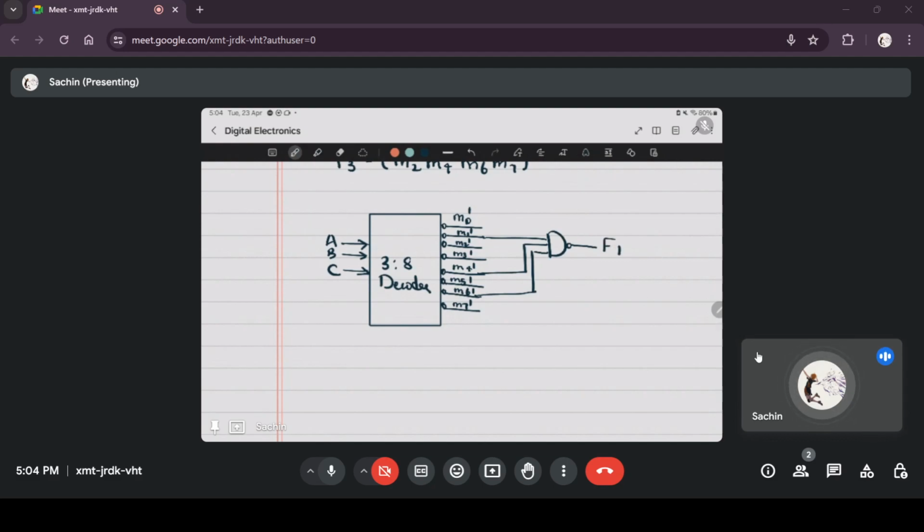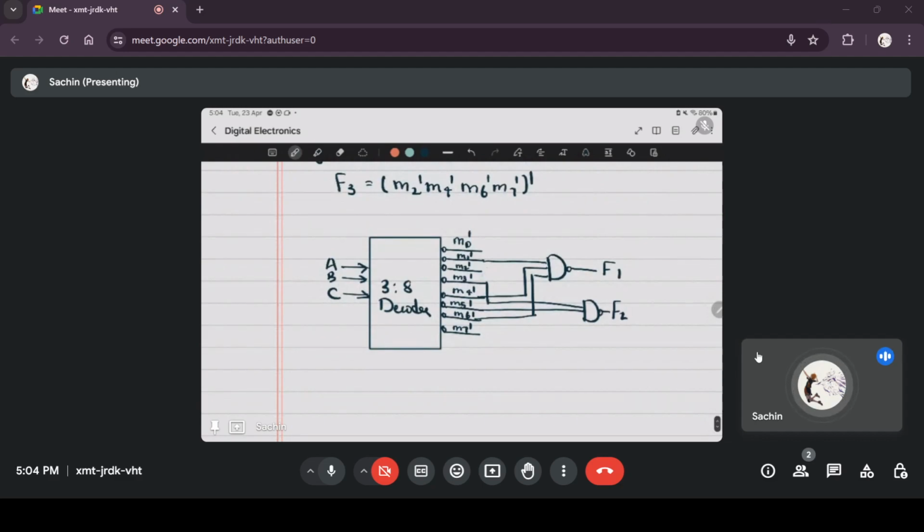For F2 it's 3 and 5. So take 3 and 5, NAND them, you will get F2. F3 is 2, 4, 6, 7. Take 2, 4, 6 and 7 NANDed together to give you F3.